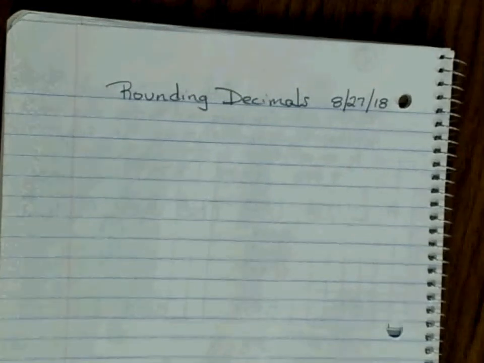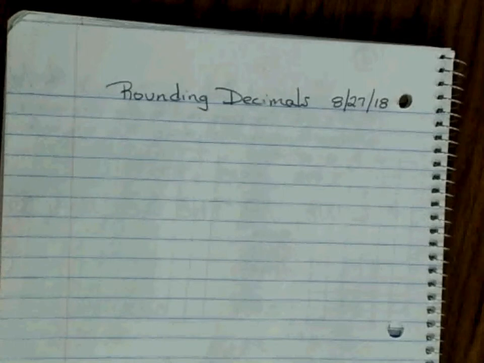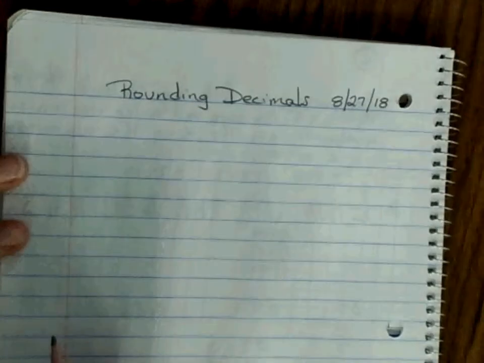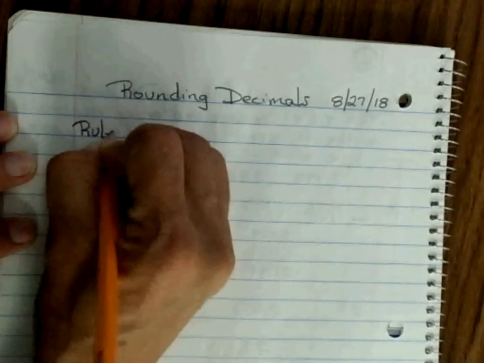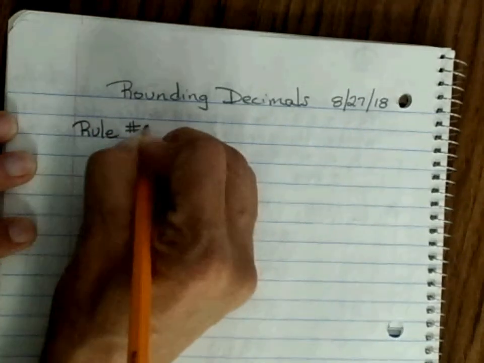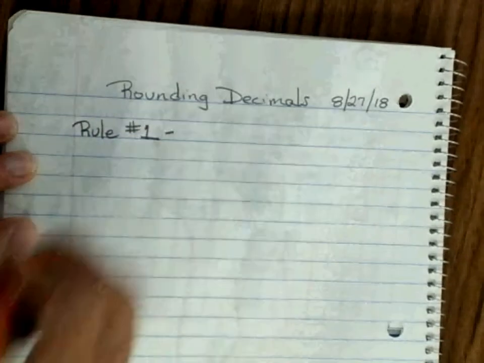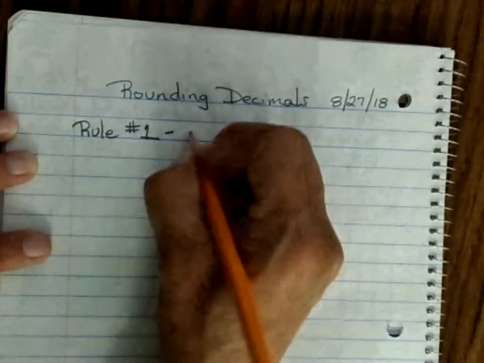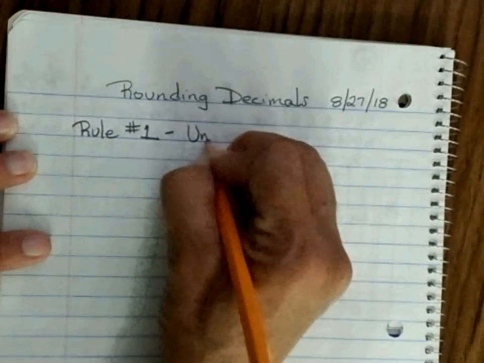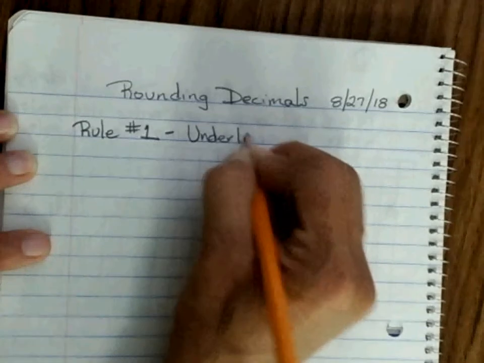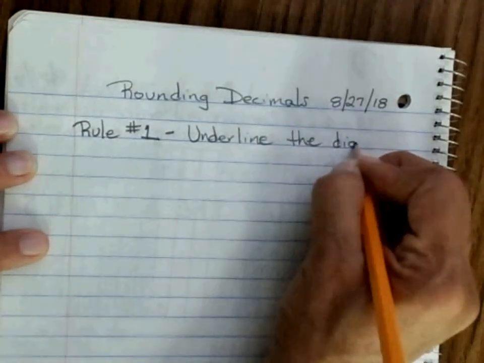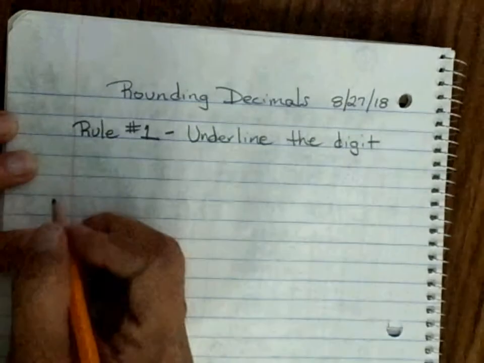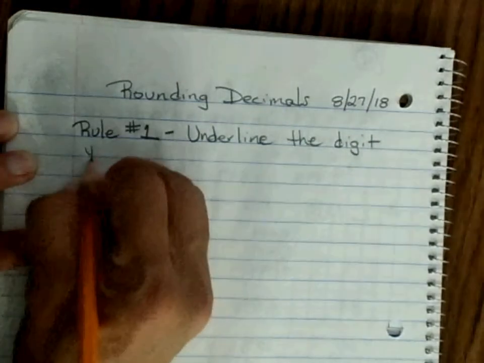So I've got 3 rules for rounding. I'm sure you've heard all of these before. So, rule number 1: underline the digit you want to round.